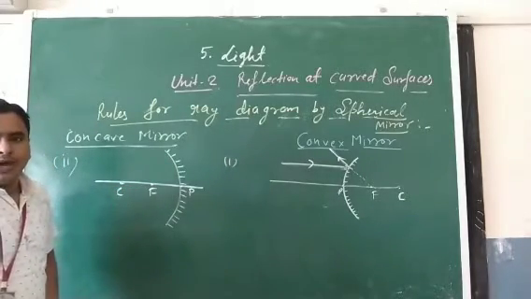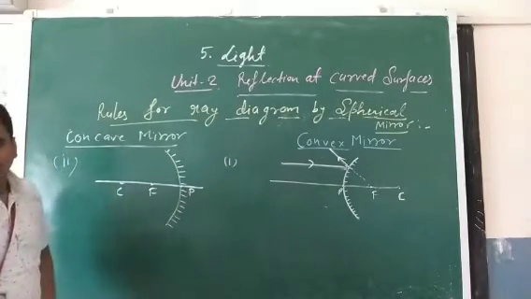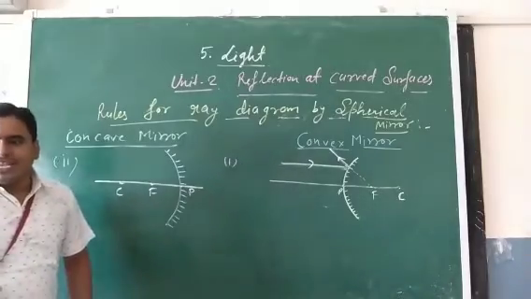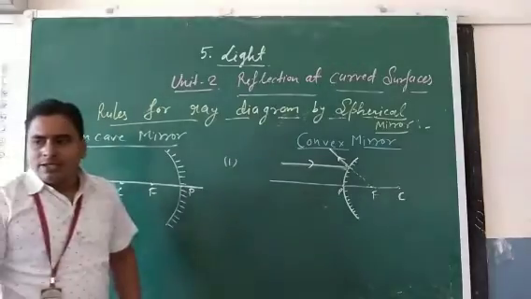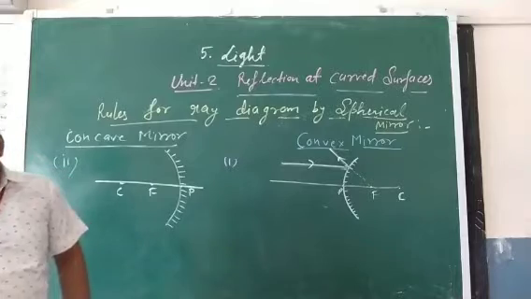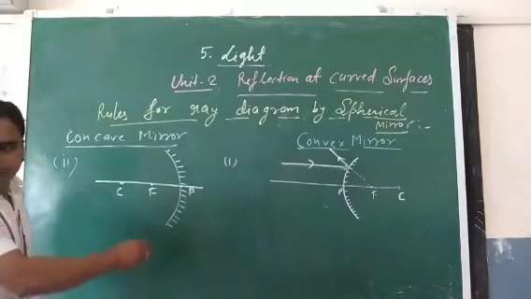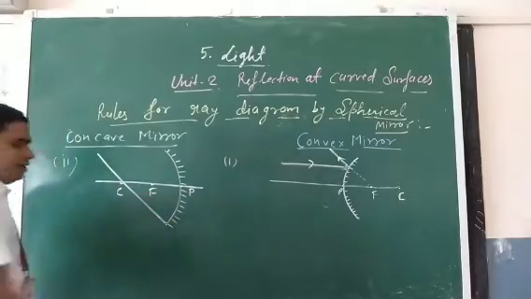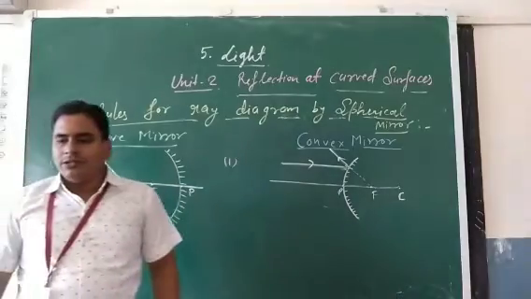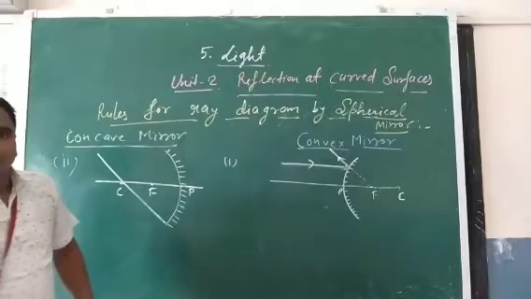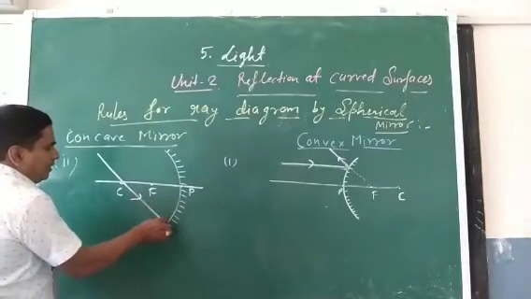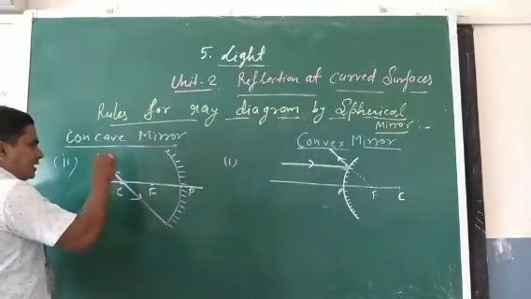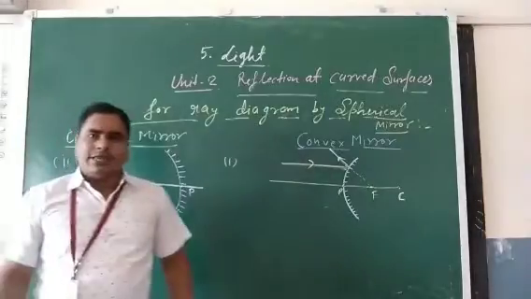If a ray of light passes through the center of curvature, it will return along the same path.